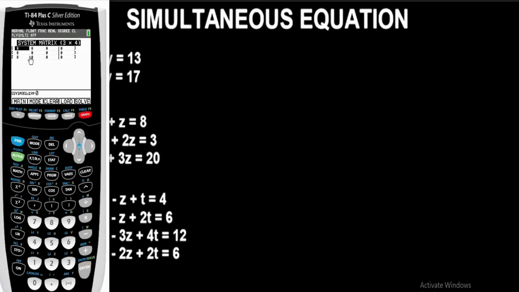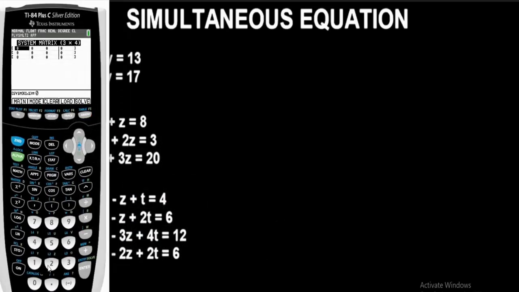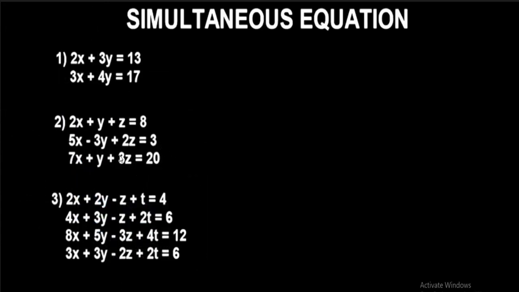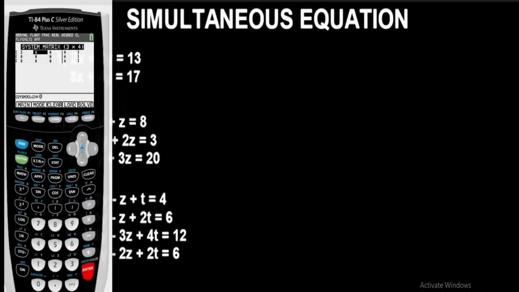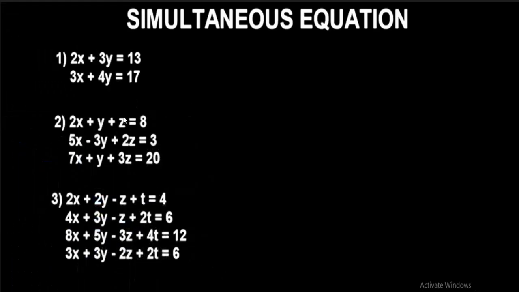Okay, so we have 3 unknowns now. Let's input the values for the coefficients respectively. So question 2, the coefficient of 2x here is what? 2. So the first equation, press 2, press enter. Then the coefficient of y here is what? 1. It's 1, guys. Then the coefficient of z here is also 1.